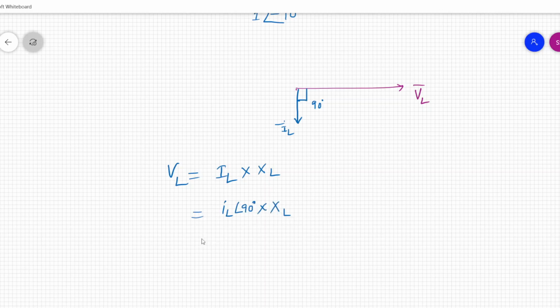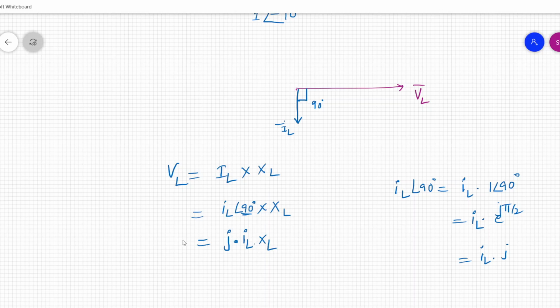IL at an angle of 90 is nothing but IL into 1 at an angle of 90 degrees. So 1 at an angle of 90 degrees can be replaced with e power j pi by 2, which is equal to our j operator. So we are going to have a j operator here. VL, voltage across the inductor, is now equal to j into IL into XL.